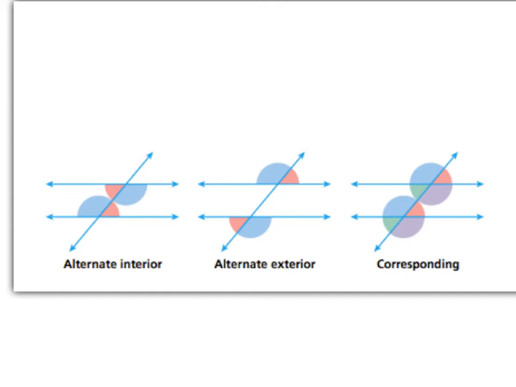They're alternate, so that means they are opposite. And interior means inside. So if you look at it, these are all on the inside of this transversal, and they're opposite one another, which also means that they are going to be congruent.